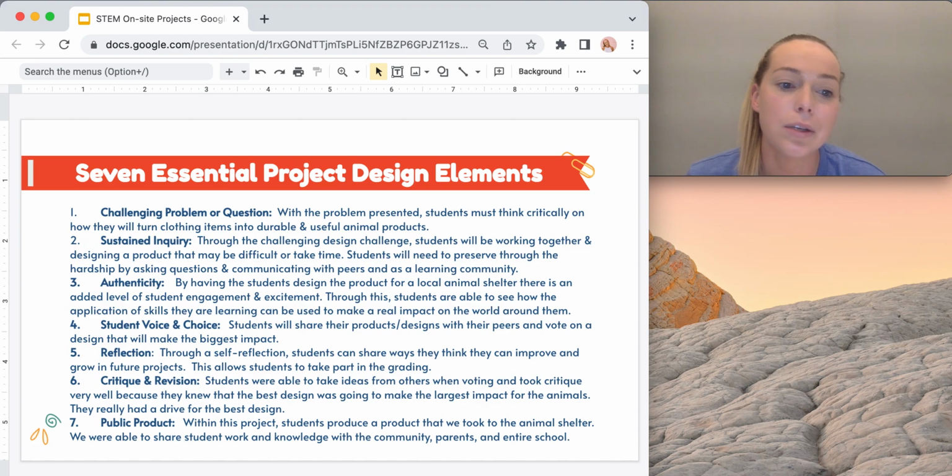And then through sustained inquiry, a lot of the students had challenges when thinking about the assembly line and how they were going to break something apart and thinking, okay, someone might not know how to braid, so I need to dedicate a job for that. Not everybody can do that.